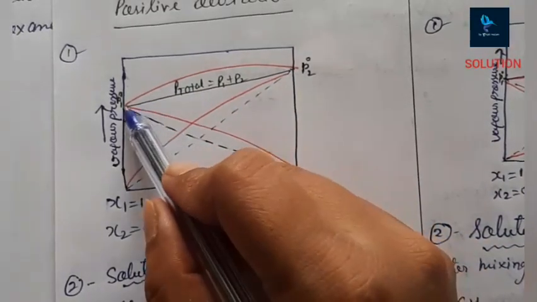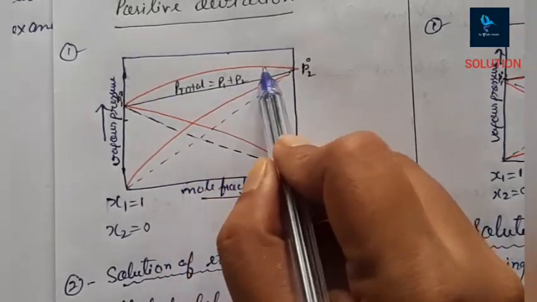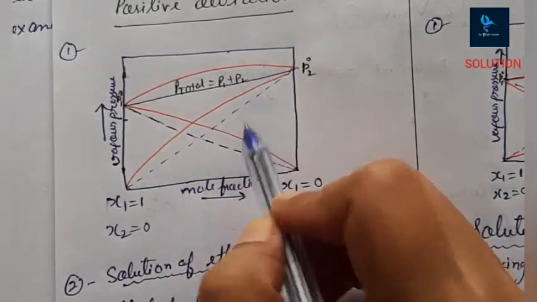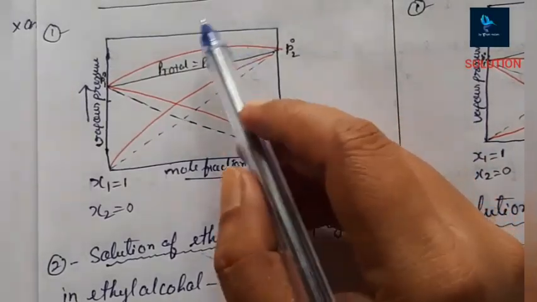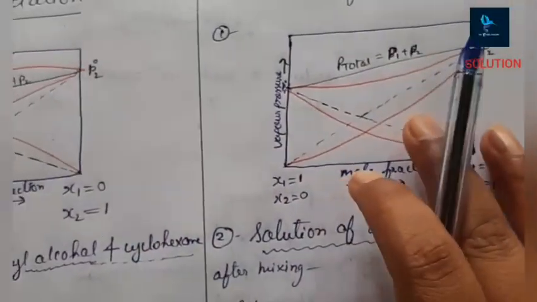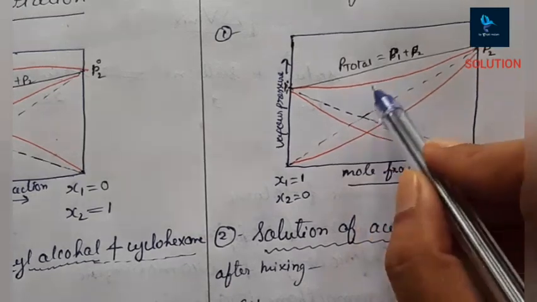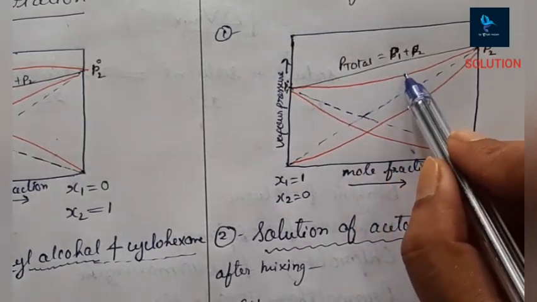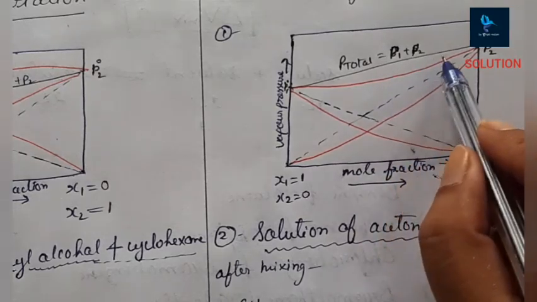Here these pressures deviate from their original path, so they do not follow Raoult's law, and it is a positive deviation from Raoult's law. When these pressures decrease from their path, from Raoult's law, this is called a negative deviation.